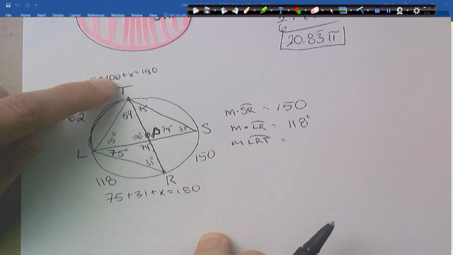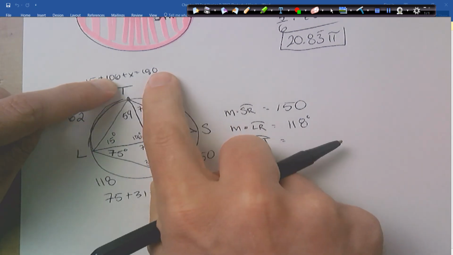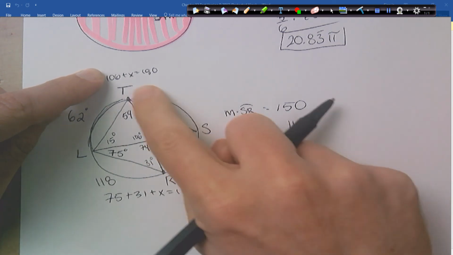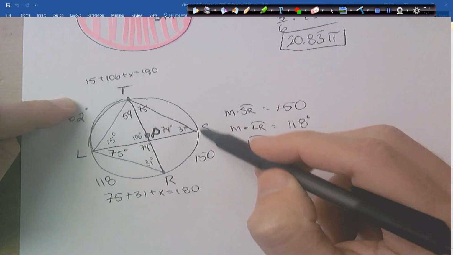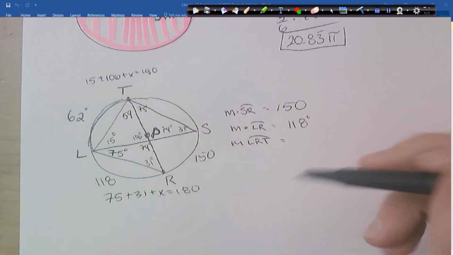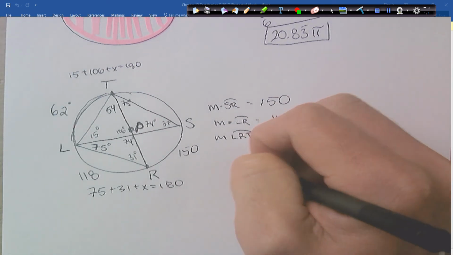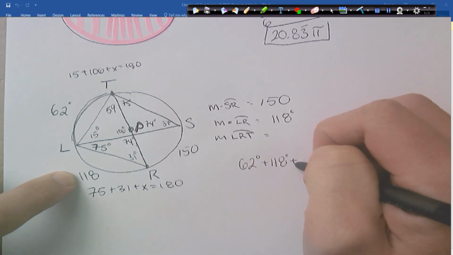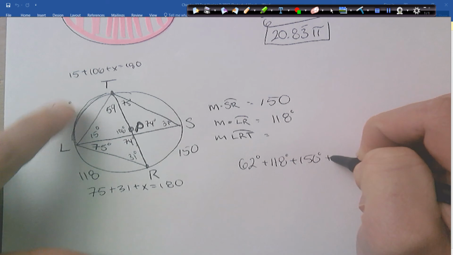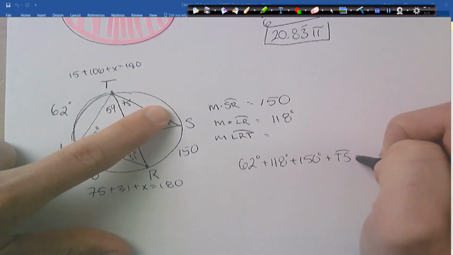LRT means we need to get all of this, so we need to know this angle here. Okay. Well, we have basically every piece except for that piece TS, so we can actually add all those pieces together. 62 plus 118 plus 150 plus TS should equal 360.